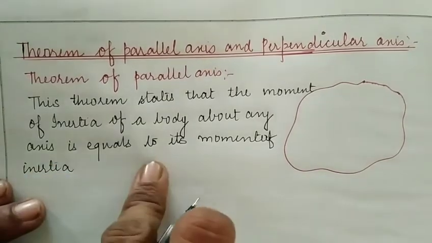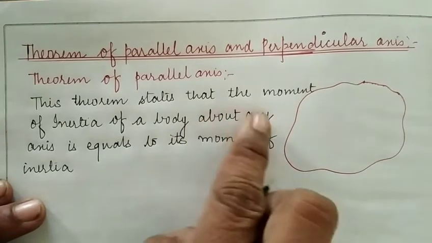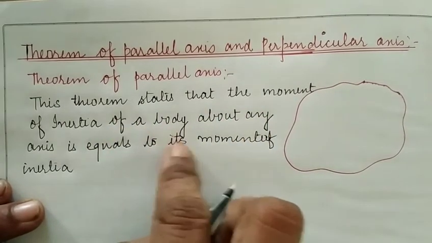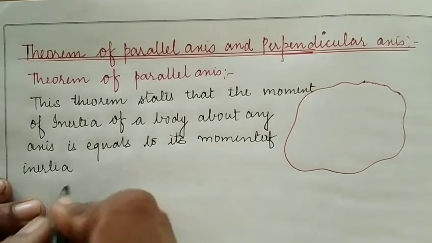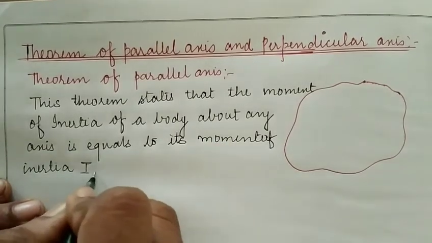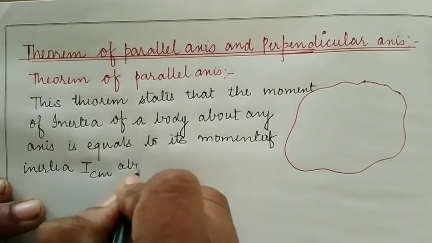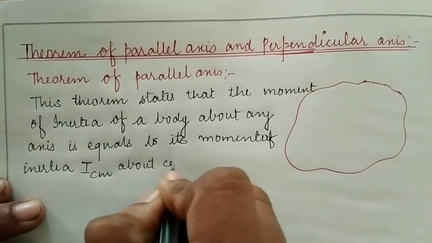What I have said here is that the moment of inertia of a body about any axis of rotation is equal to its moment of inertia I_CM about the center of mass.